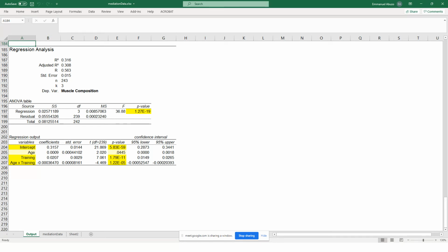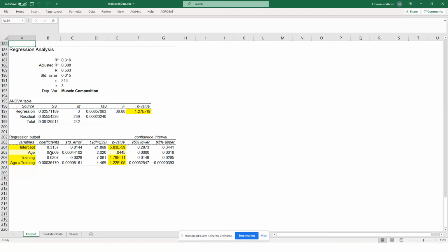So since the p-value of the interaction is significant, then we could say that the age is a moderator to our relationship between the training in hours and the muscle composition, the muscle percentage.